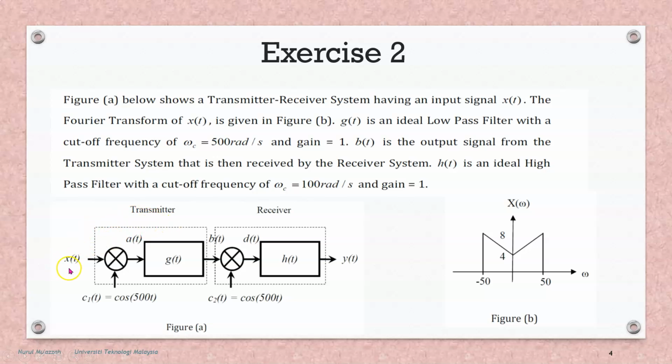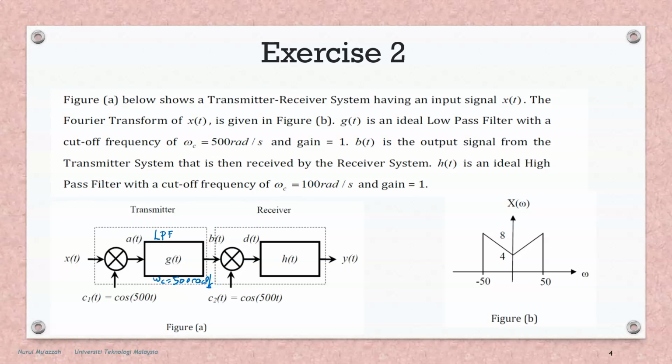Then this xt is modulated with carrier signal number 1, which is c1t, with the signal cosine 500t. Then the modulated signal produces at, and this at goes through the low-pass filter. So gt is a low-pass filter with omega c equal to 500 radian per second.